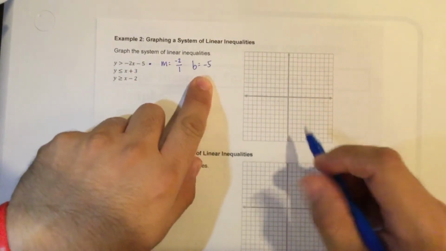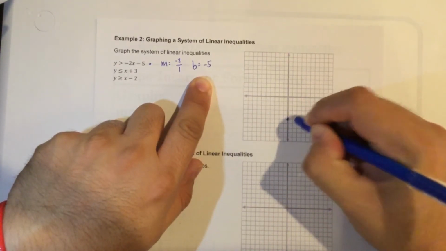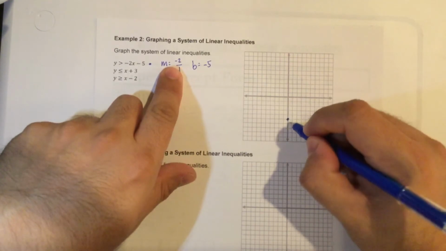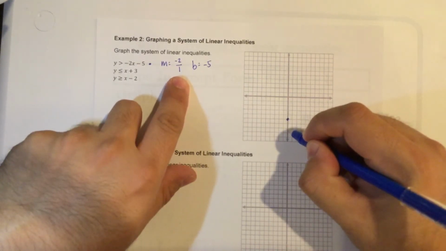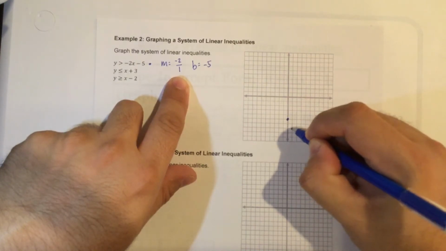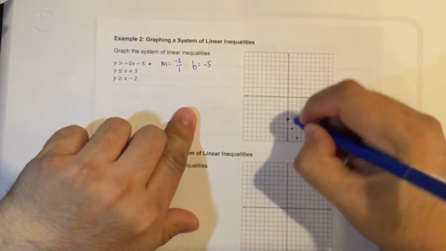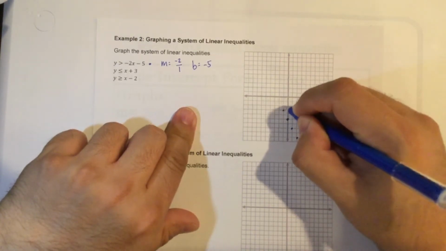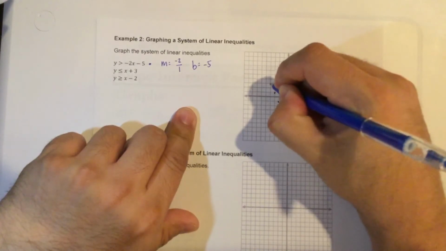So we begin at -5 on the y-axis, and my slope is -2, so I go down 2 from the y-intercept, and always to the right, so right 1. So down 2, right 1. And once I stop here, I go backwards. I go up 2, left 1, up 2, left 1, and I just continue that pattern until I get to the end of the page.